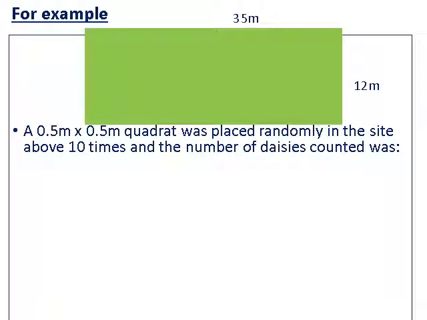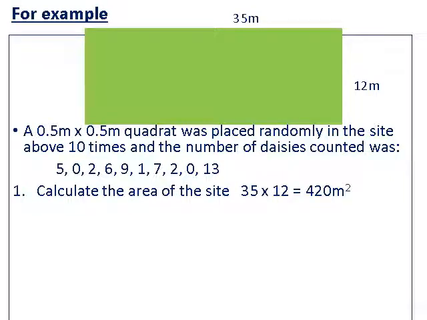So I'm using this time a quadrat, which is 0.5 metres by 0.5 metres. And these are the samples that I get from throwing my quadrat 10 times randomly onto this field. We're counting the numbers of daisies instead of dandelions.